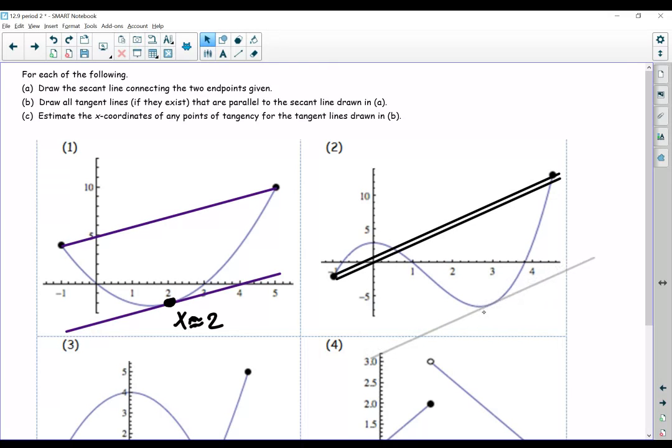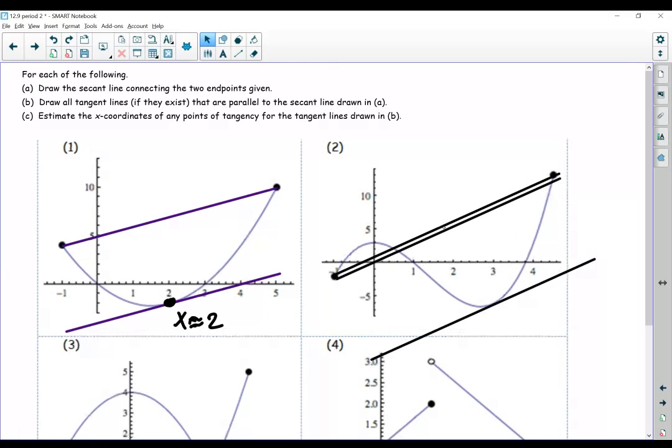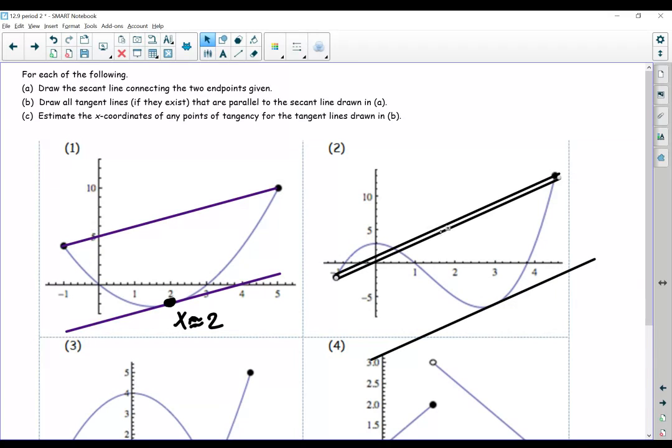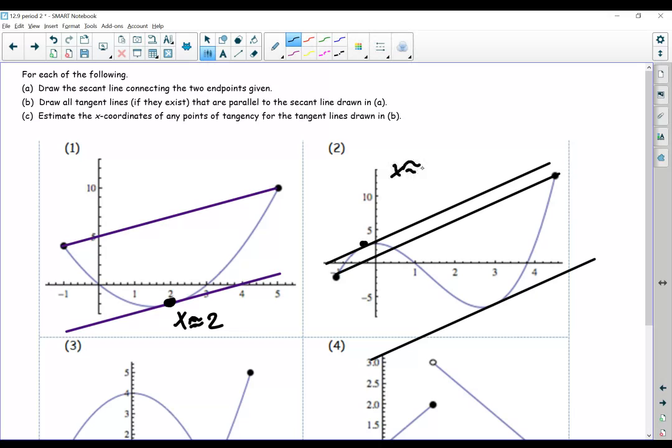So I have a parallel tangent right there, and a parallel tangent right there. So hopefully you discovered that there were 2 for this one. So I'm going to estimate those 2 points to be at about negative 0.5 and maybe 3.